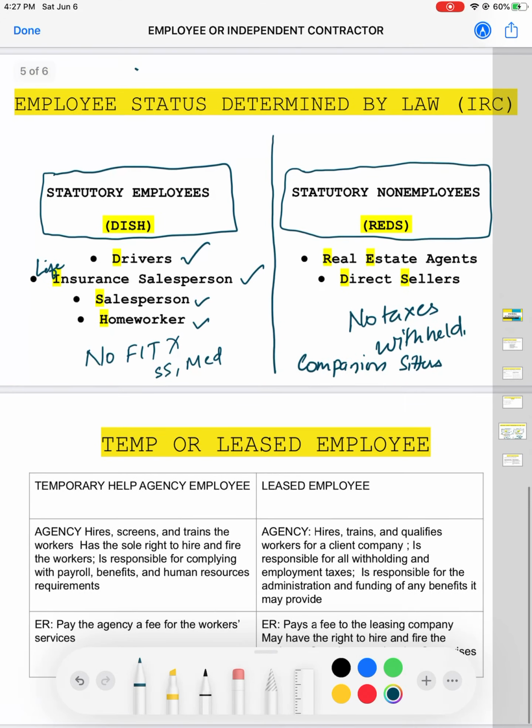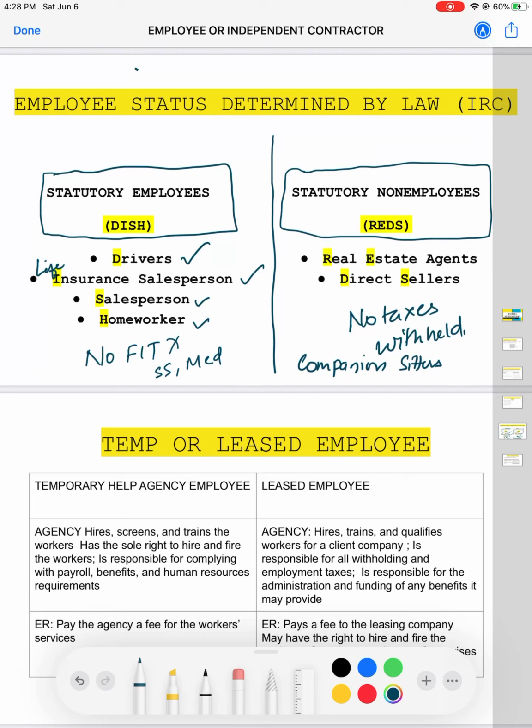Now, there are workers who are also categorized as temporary help agency employee and leased employee. The difference between these two is that, talking about the temporary help agency employee, the agency hires, screens, trains the workers, and the agency has a right to hire and fire the workers.